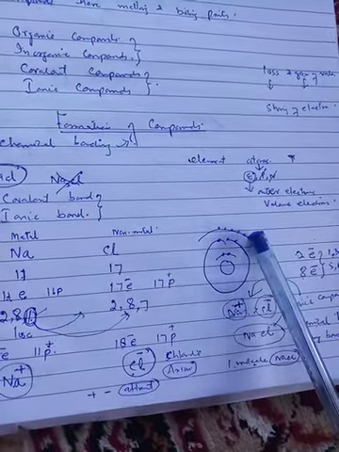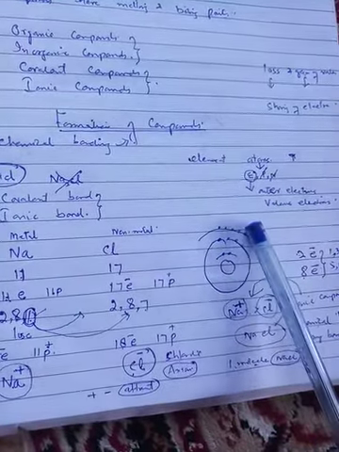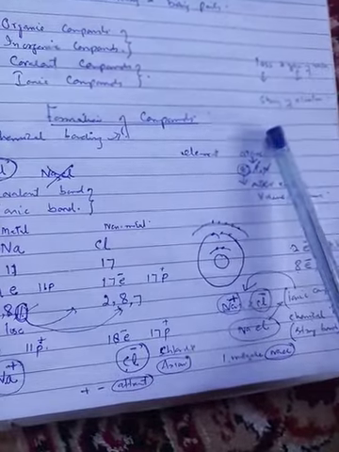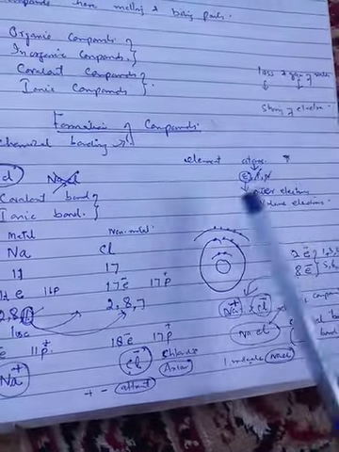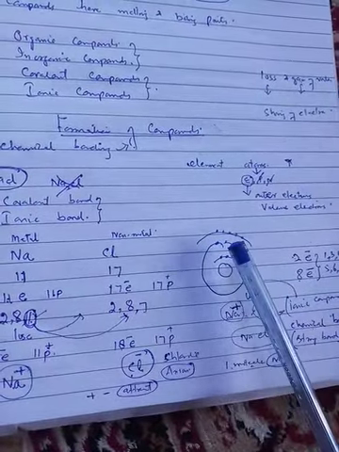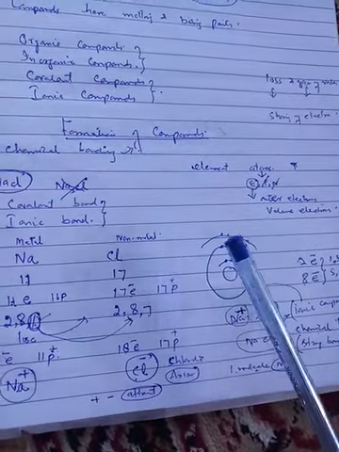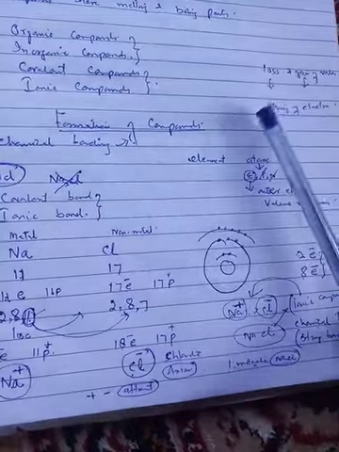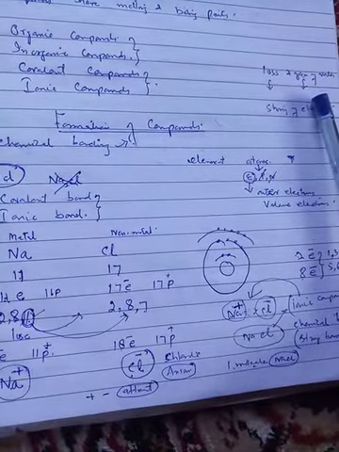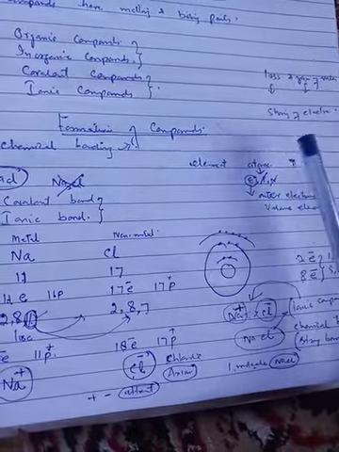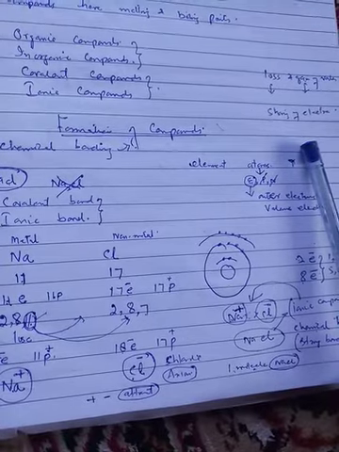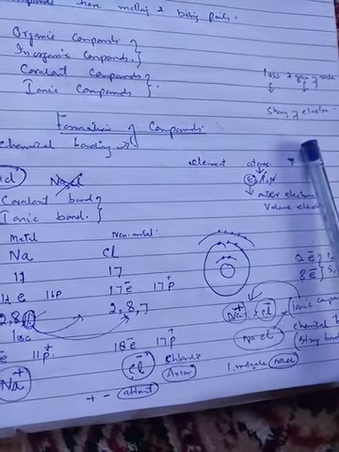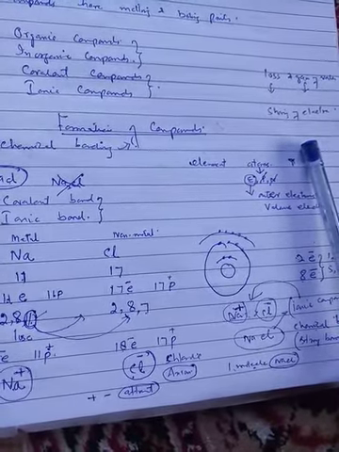The other way is that these valence electrons are shared between the two elements. So dear students, we may say that chemical compounds are formed either by the loss and gain of valence electrons or by the sharing of valence electrons between two or more elements.